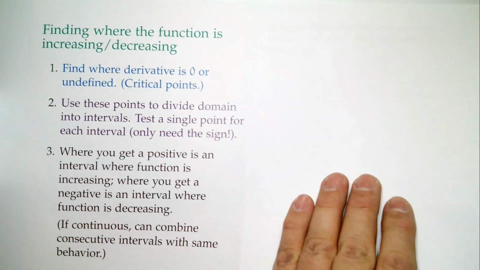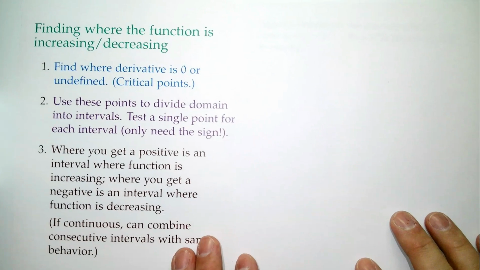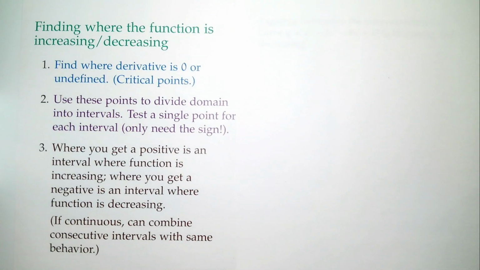So it's a very simple process, just a couple of steps. First, we find where the derivative is 0 or undefined. And we know how to do that. We practice that, and we're going to get even more practice over the course of the next few lectures. Now, once we have these points, we take our number line and chop it up into intervals.